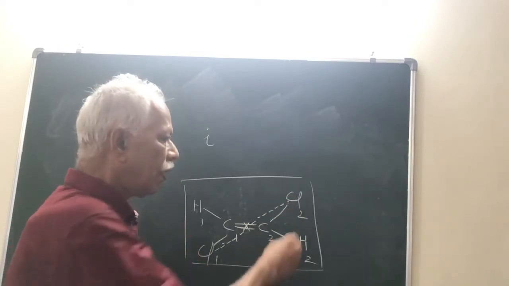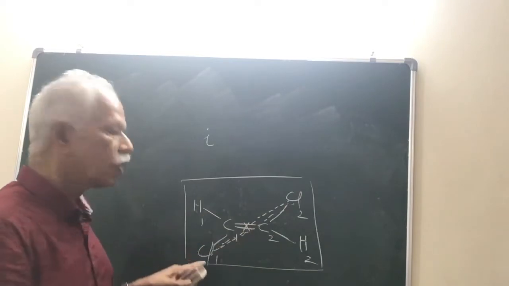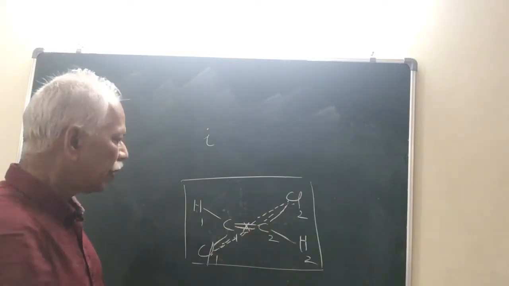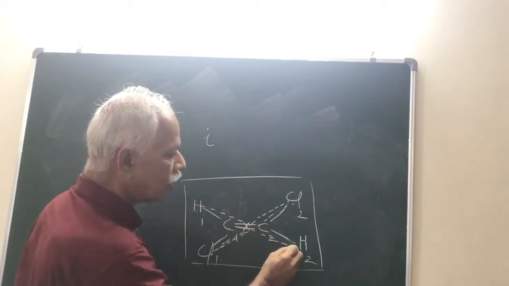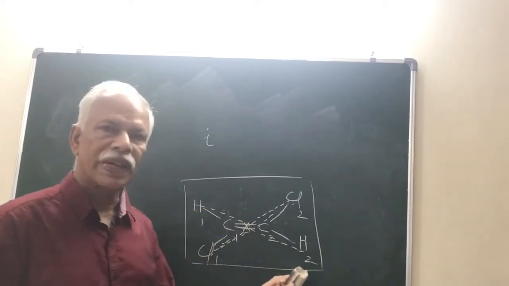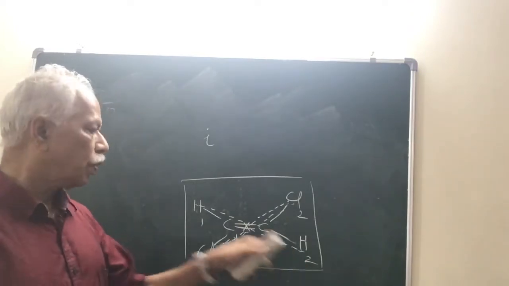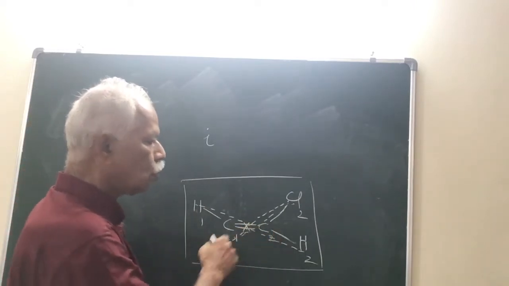In a similar way, this Cl2 is also shifted to this position. The line is passing through the point. From hydrogen 1, you can draw a line, extend it an equal distance, H1 is placed here. Similar operation on H2 will bring it to this position. Carbon 1 will go here, carbon 2 will come here.